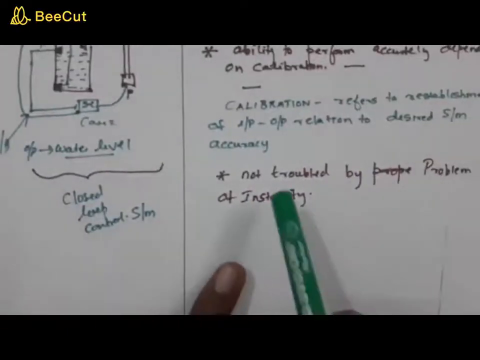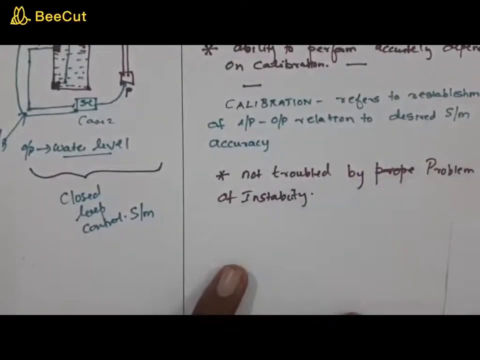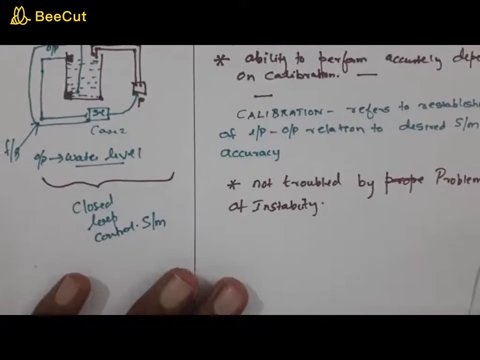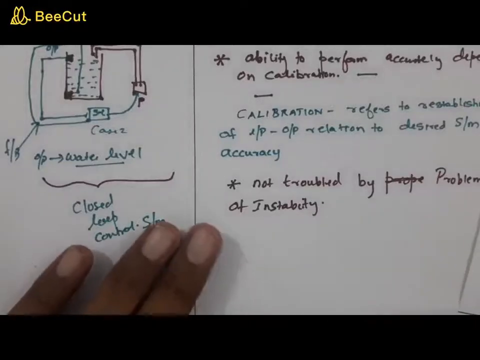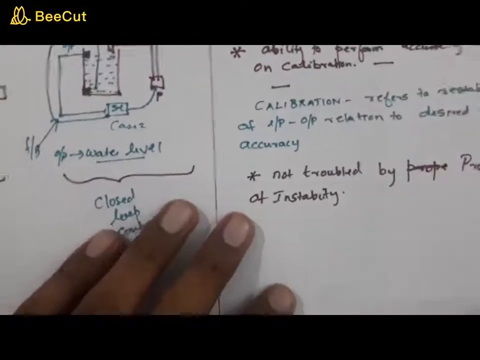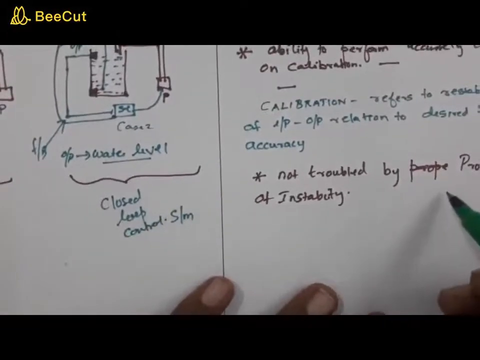Another feature of this is, it is not troubled by the problem of instability. We know that in your circuit classes, you might have studied oscillators. Now, I have already explained in the introduction video regarding stability. What's the meaning of stability?